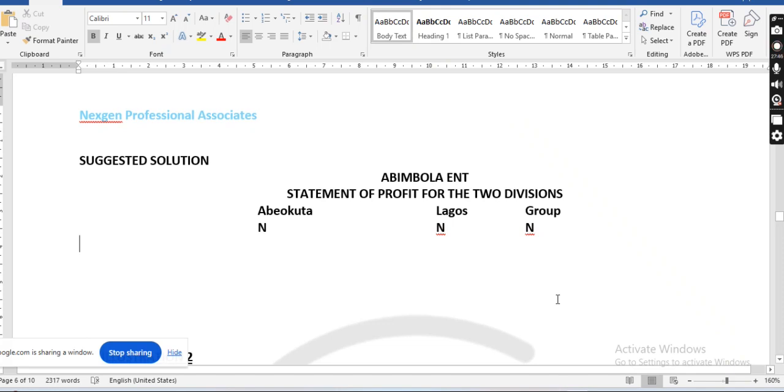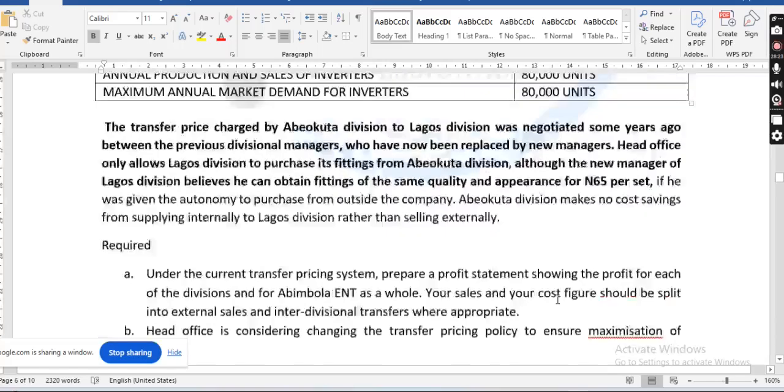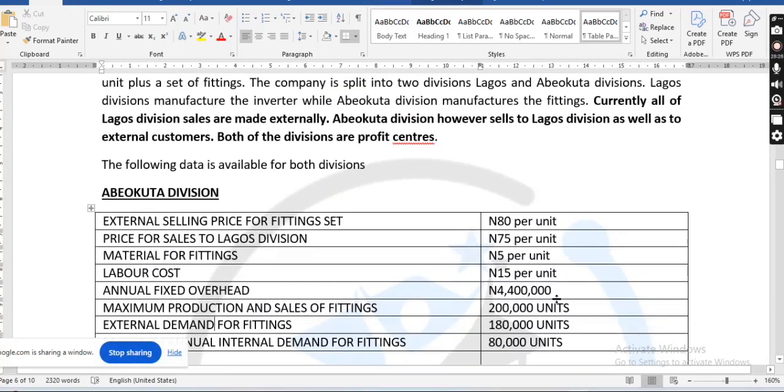So now let's start from Abeokuta, class. Abeokuta is selling to Lagos. Is that not so? It will become revenue. It becomes sales to Abeokuta because Abeokuta is a selling division. So you can have internal sales, right? Internal sales. So 75 naira per unit times how many units Abeokuta is selling based on the policy.